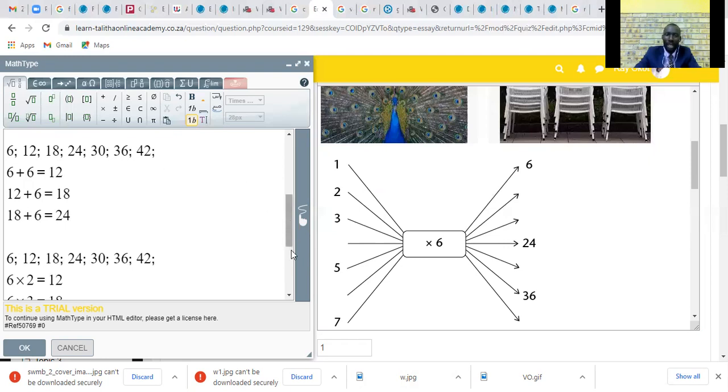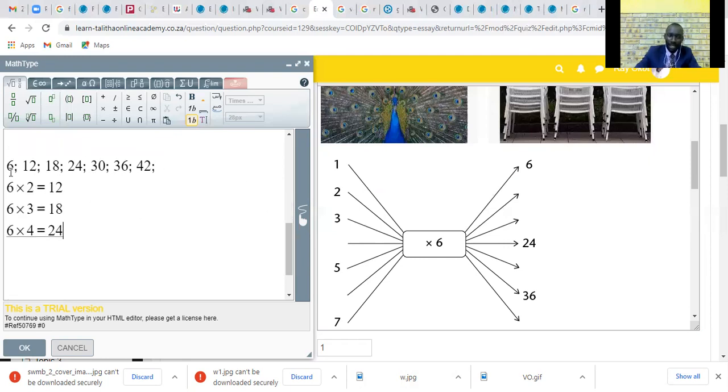Or we could say the first term is being multiplied by 6, rather, we have to multiply the first term by 1, then by 2, then by 3, then by 4, and we still get there.